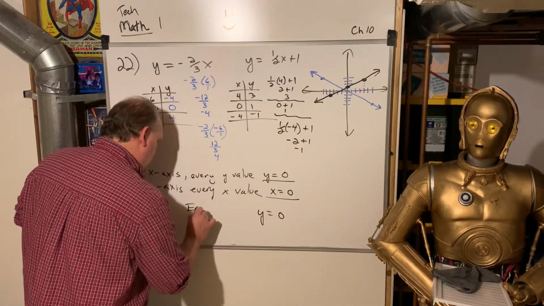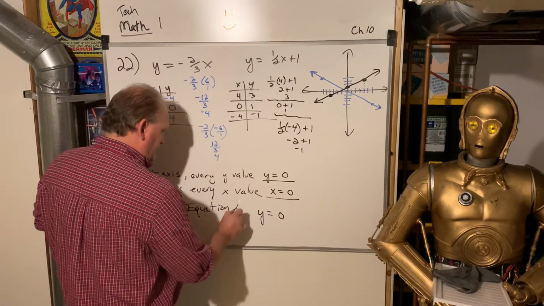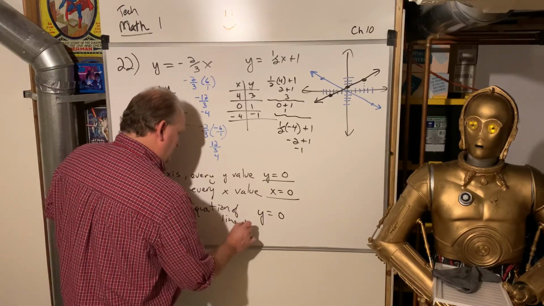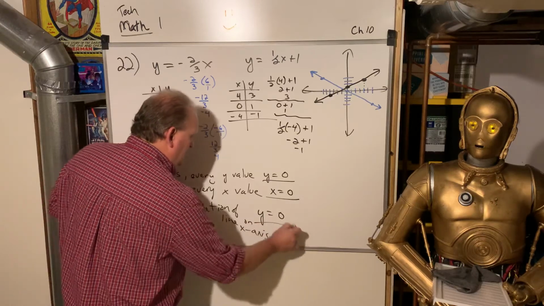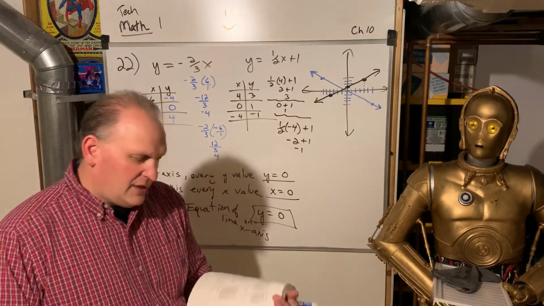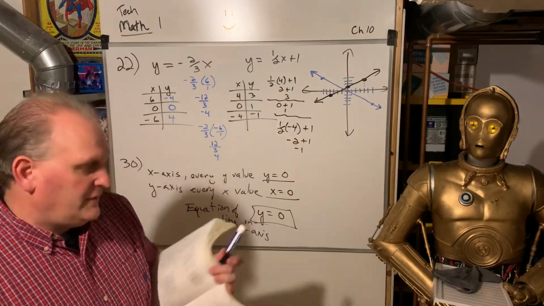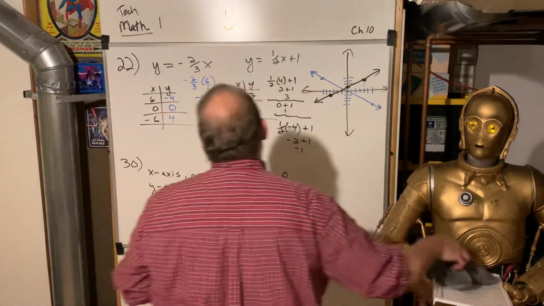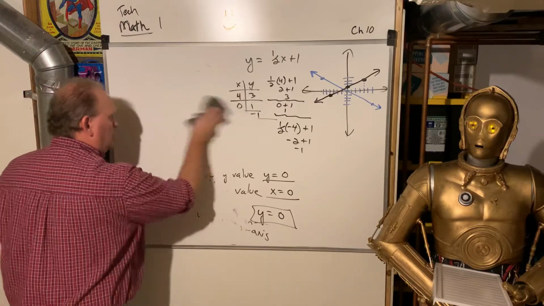So the equation of a line that falls on the x-axis would just be y equals 0. If it's y equals a number, it's always a horizontal line. If it's x equals a number, it's a vertical line, which is 33. So let me do 33, and then we'll be done with 10.4.